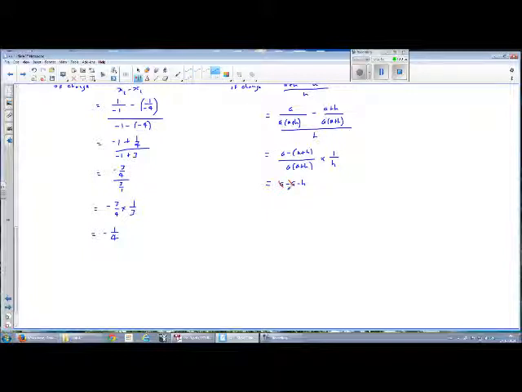That, of course, is over a plus h from the first fraction multiplied by 1 over h. So we get negative h over a times a plus h times h. The h's cancel here and here. And then we're left with negative 1 over a quantity a plus h. So that's the average rate of change.